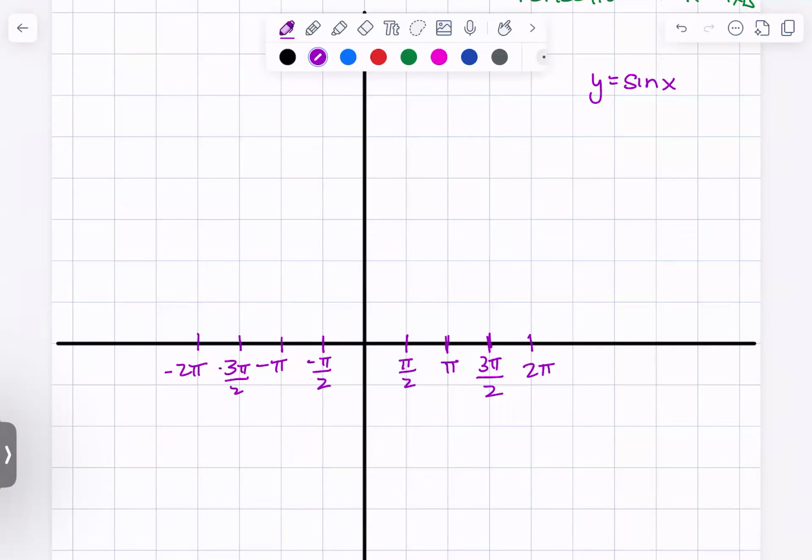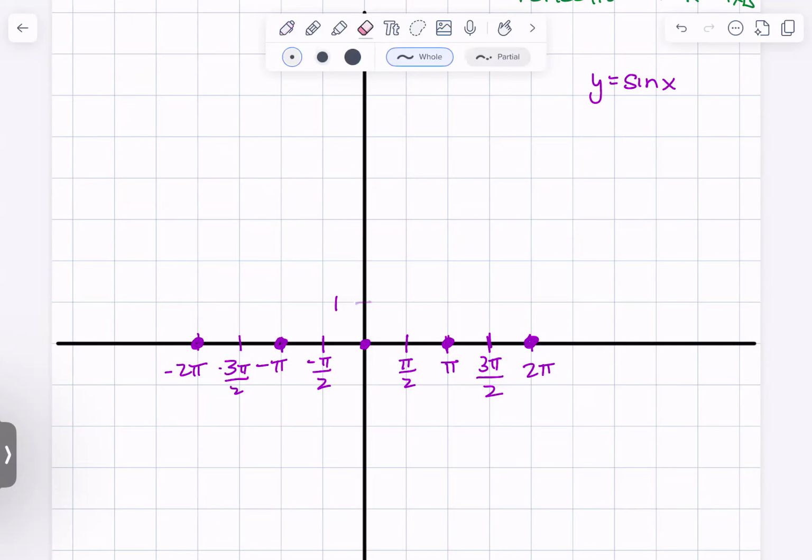So graphing sine, if I reflect 0, 0 along the x-axis, it's still going to stay at 0, right? So my zeros, I know, are at 0, at pi, at 2 pi, at negative pi, and at negative 2 pi. At pi over 2, it's actually 1.